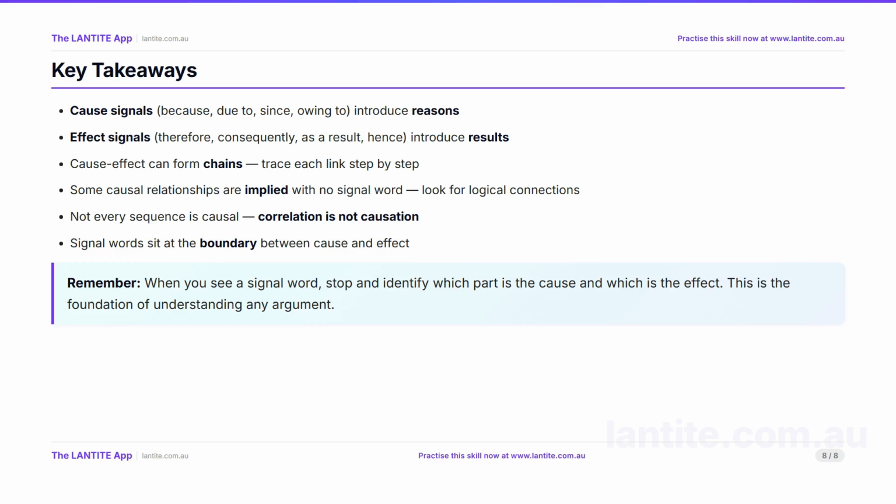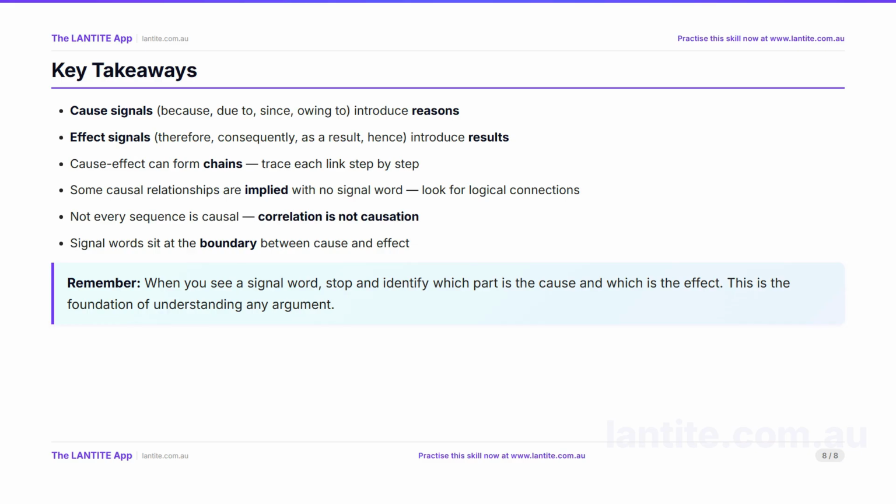Let us recap. Cause signals like because, due to, since, and owing to introduce reasons. Effect signals like therefore, consequently, as a result, and hence introduce results. Cause and effect can form chains where each effect becomes the cause of the next event. Some causal relationships are implied with no signal word at all.